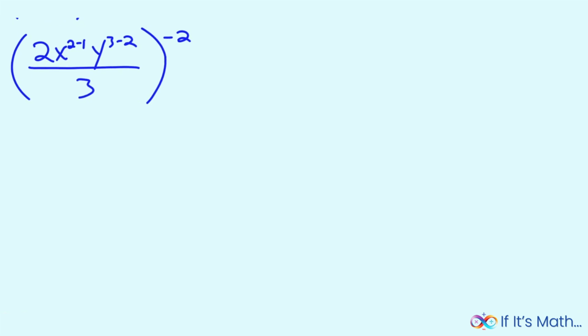So now let's simplify that down. So the top will just have 2 times x, y, because 2 minus 1 is 1, 3 minus 2 is 1. I've still got my 3. We're still raising that to the negative 2nd power.